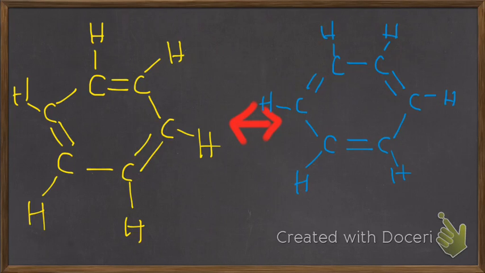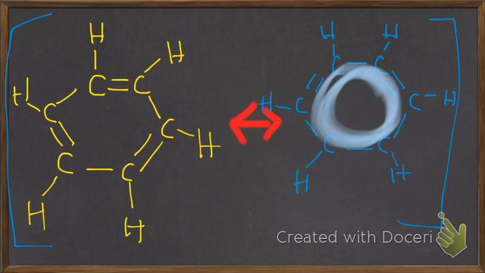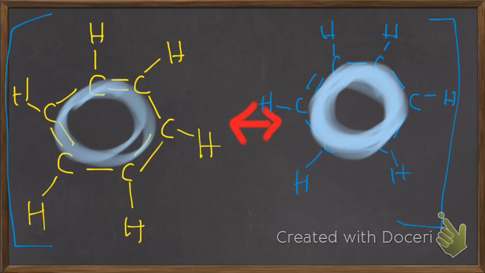These are the two possible resonance structures. Many times they put brackets around them to show that they're resonance structures. And in reality, what happens is the electrons are free floating, or they're delocalized, and they form a ring. Same thing here. They're shared amongst all of the carbons.